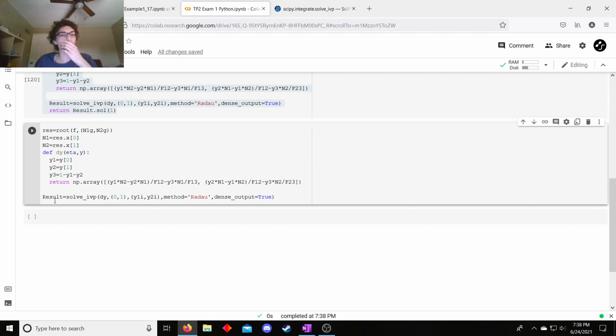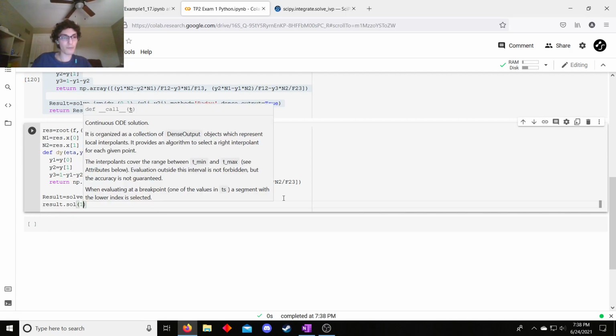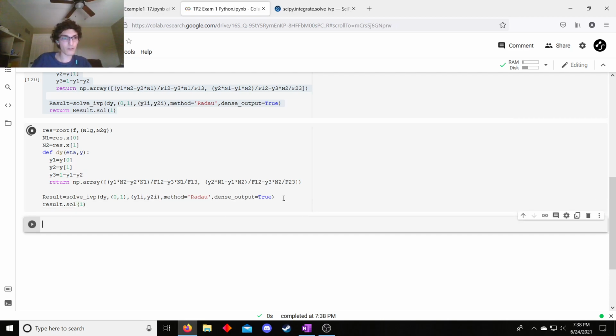So right now we just solve the differential equations with the correct numbers. Actually, I will demonstrate. If we do result.sol, this is from before, and I'm going to put in 1. This will tell us what the mole fraction values are when eta equals 1.